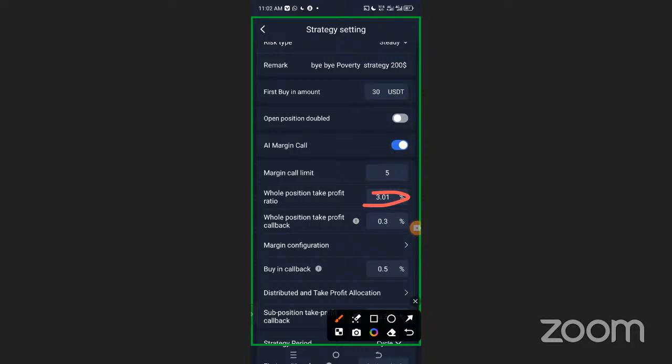For example, if you have $100 and you command the robot to use $50, it means the $50 are the ones that have gone to the market.